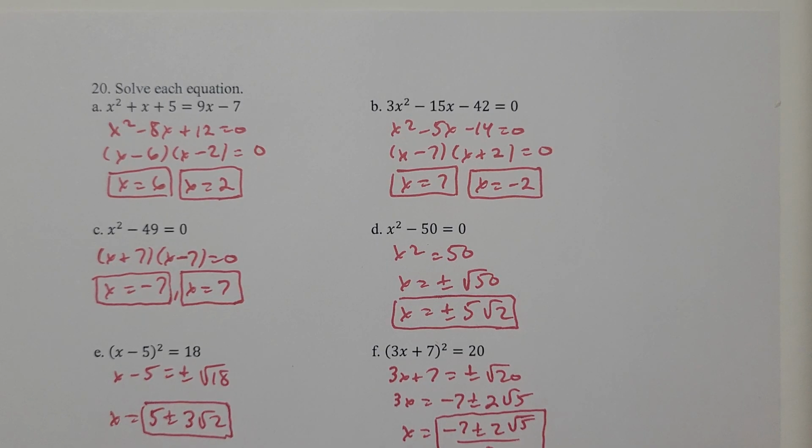Now, one of the really important things that we're going to talk about, kind of midway through chapter 3 here, is what's called the fundamental theorem of algebra. The fundamental theorem of algebra is kind of like the big result that we have in algebra.